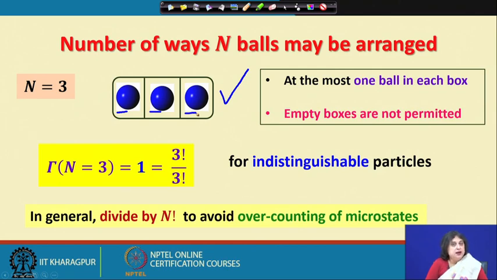So, what is the number of ways in which these n balls may be arranged? You see that this number turns out to be 1. Now, the question is, is it possible that I find out what this number would be corresponding to this particular value of n? I understand that this number can be written as 3 factorial divided by 3 factorial, because 3 factorial is the total number of ways in which these particles would have arranged if I could label them as distinguishable.